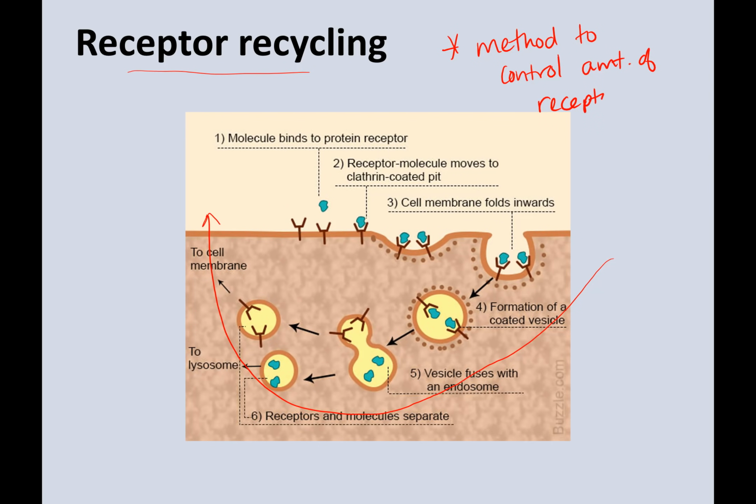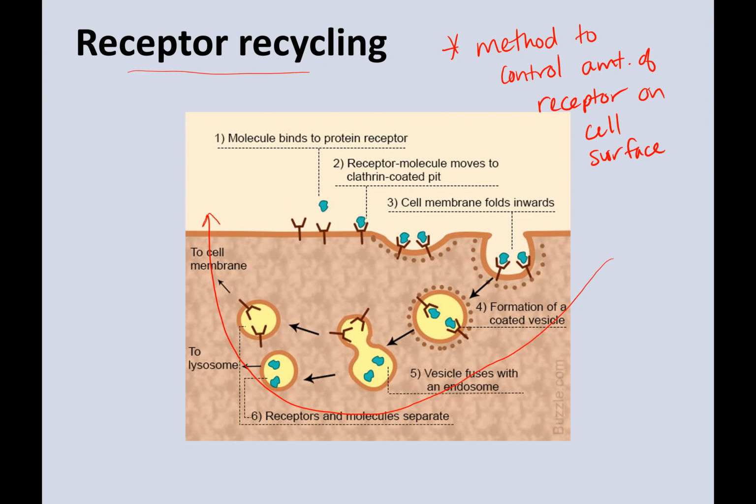So the more receptor you have, the more you're going to respond to outside signals. So one way a cell can desensitize to an outside signal is pulling in the receptors through endocytosis, holding on to them, and then moving them back up to the cell membrane when they're ready to have another response.